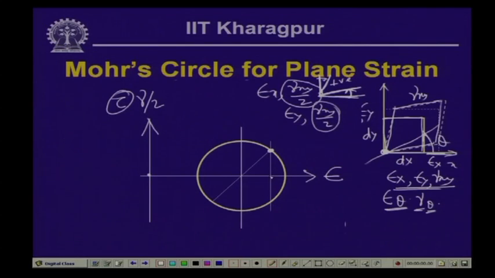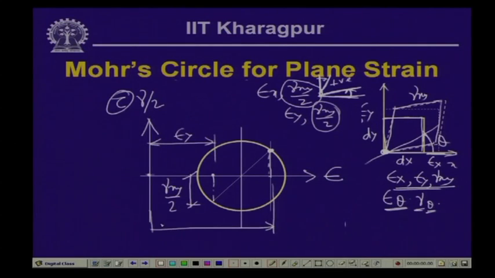So, here we take epsilon y and gamma xy by 2. This is the distance which is epsilon y, and this is gamma xy by 2, and this point is at a distance of epsilon x from origin, and this is gamma xy by 2.